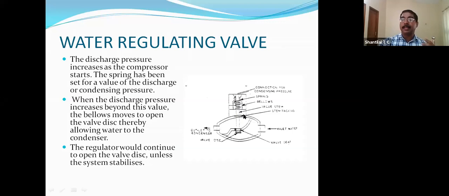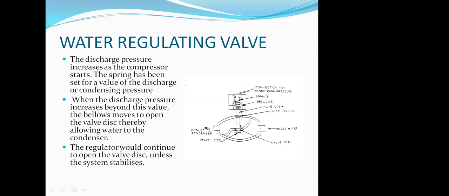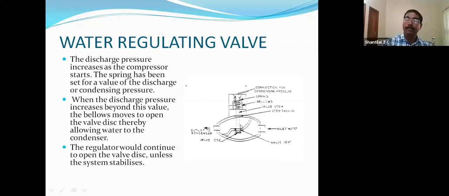Right at that time, the water will be supplied more or less. Due to condensation, the pressure is acting on the bellow. The bellow is expanding or contracting. On that basis, this stem moves downwards or upwards. By that, the flow also will be controlled. This is known as the water regulating valve.